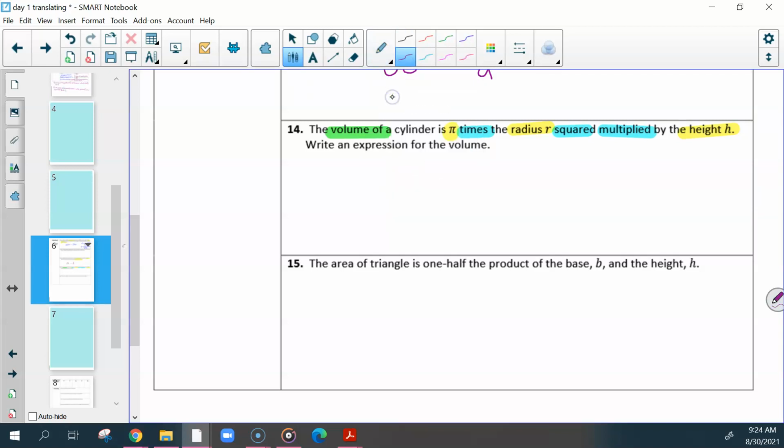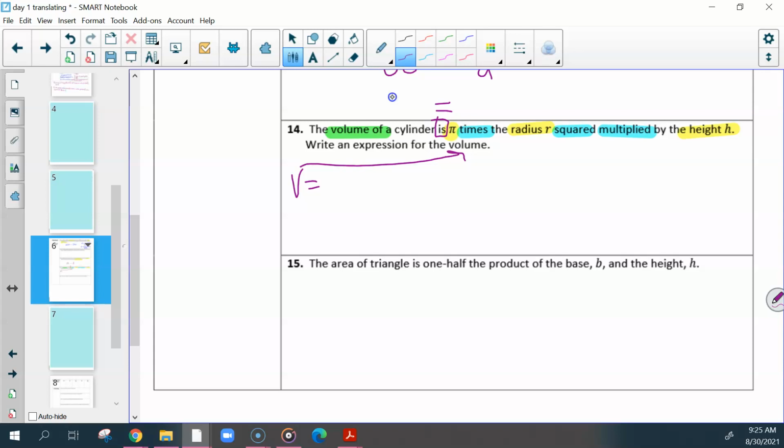So in this, one thing you may or may not know is anytime you see the word is, that means equal. So this is actually an equation, not an expression, but that's all right. So the volume is, we're just going to call volume V. Volume is, we're just going to use the pi symbol instead of writing out the digits of pi.